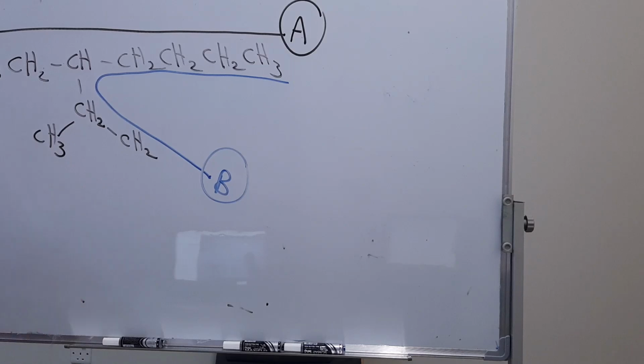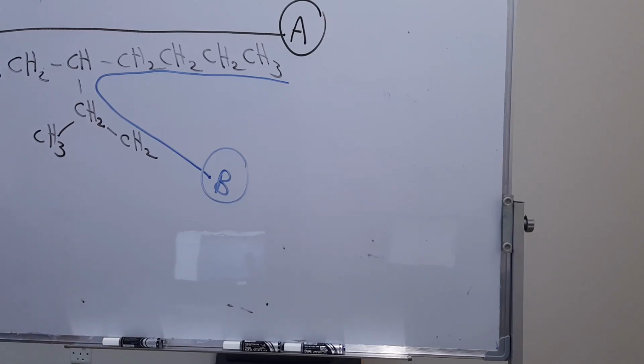Now, if they are the same, any one is fine. If they are different, then you must remember what we have said before: if there are two or more chains with the same number of carbons, then our parent name, or longest chain, will be the chain which contains more number of substituents or branches.